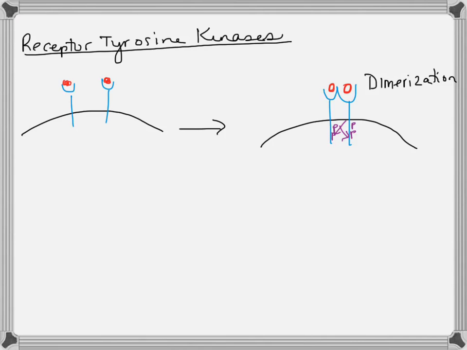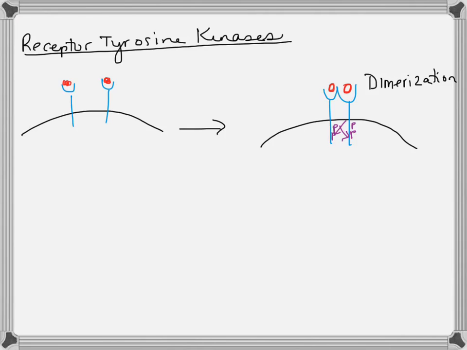So you can see by my little messy arrows here, the left-hand receptor will phosphorylate the right-hand receptor, and the right-hand receptor will phosphorylate the left-hand receptor. And again, they're phosphorylating tyrosine amino acids that are found in that intracellular region of the receptor.